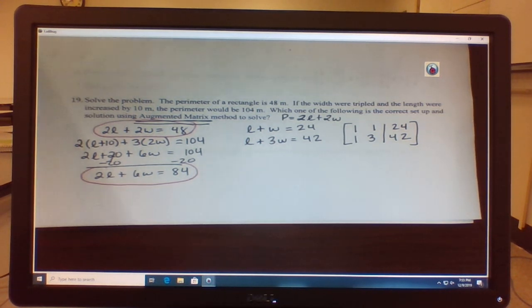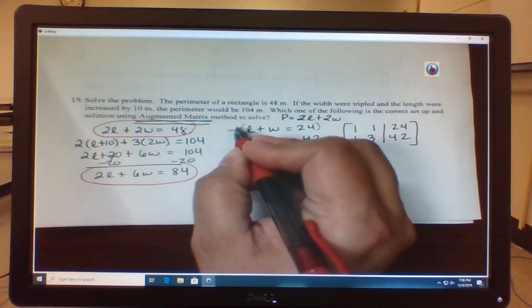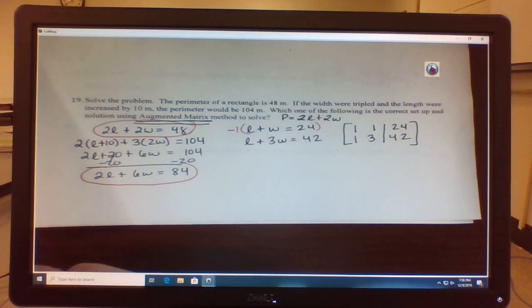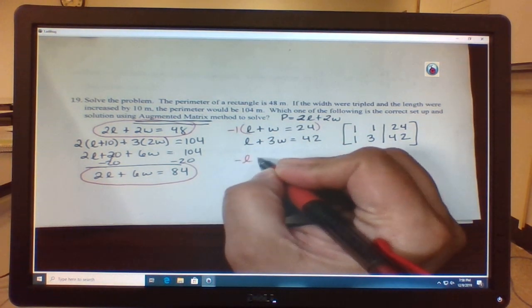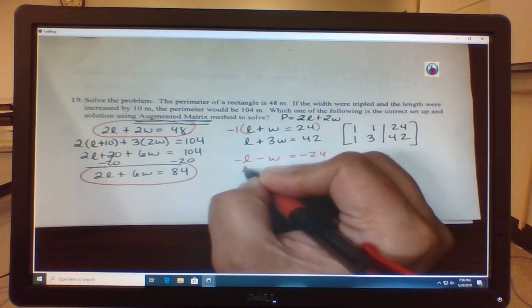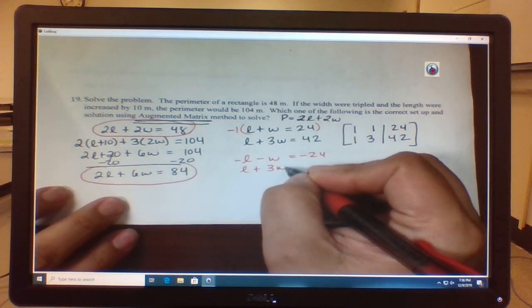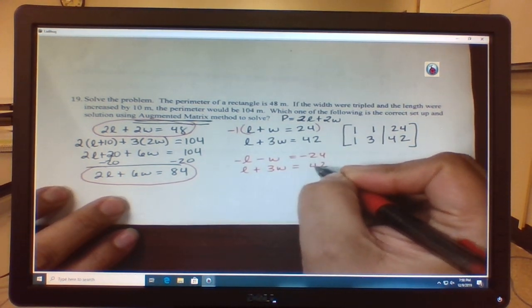I would solve it right now, because of the way it looks, just by elimination. Elimination meaning I'm going to multiply the top one by a -1, because it becomes negative L minus W minus 24, L plus 3W equals 42.